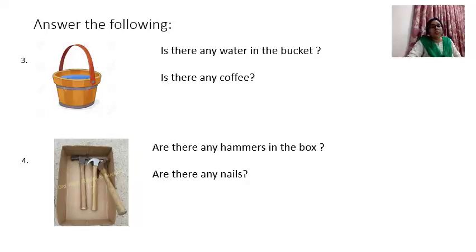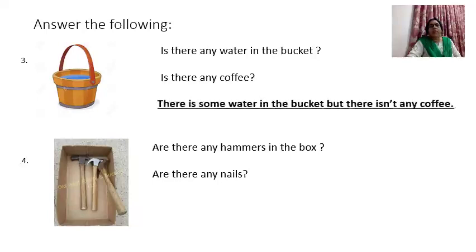Tell me which is the keyword? But. Yes. Don't forget but. It is the magical word, the keyword to answer two questions at one time. There is some water in the bucket, but there isn't any coffee.